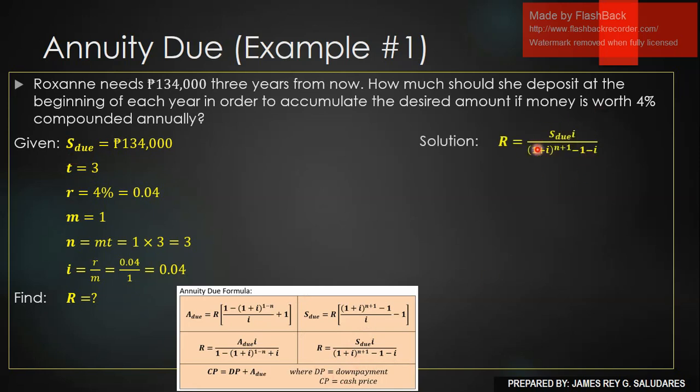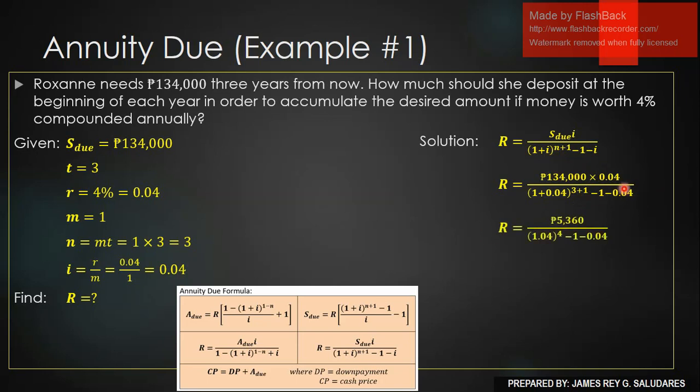The numerator is the final amount of annuity due times I, which is 134,000 times 0.04. Your I is 0.04, remember? The denominator is 1 plus I, where I is 0.04, to the power of N plus 1, and your N this time is 3, so you have 3 plus 1 there, minus 1 minus I again, 0.04.